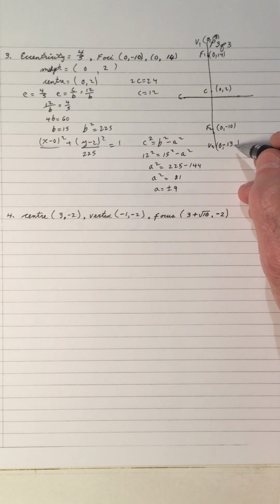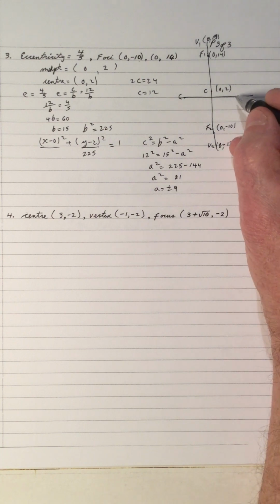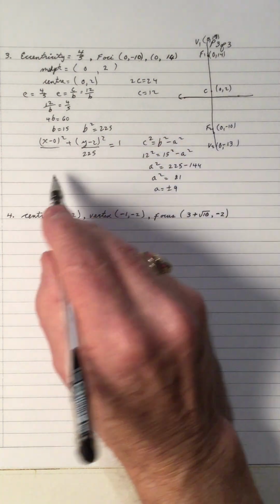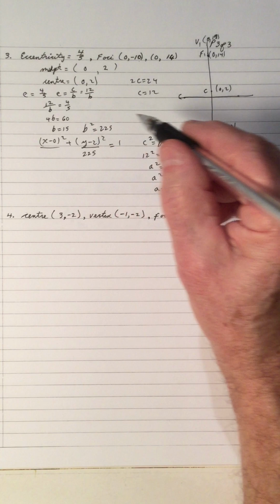So there's the vertices, one there and one there. And the co-vertices have B.